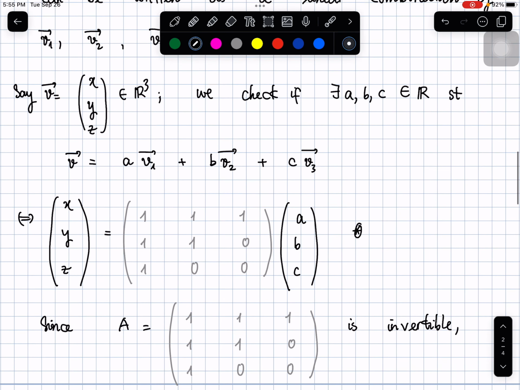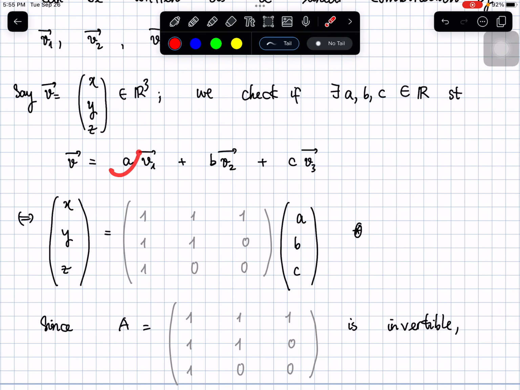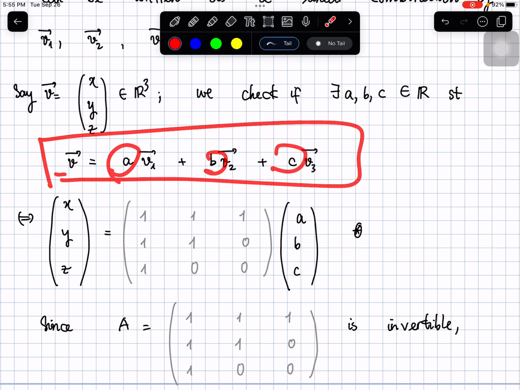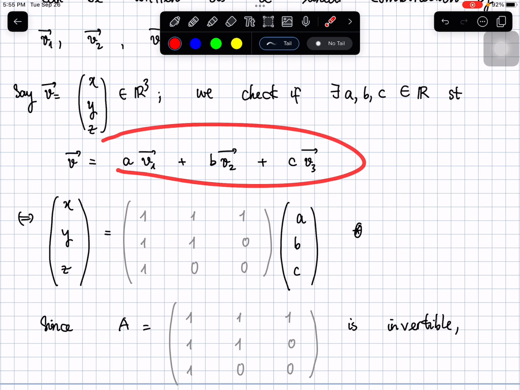And therefore we can always find A, B, C to have this equality, right? So V can always be expressed as a linear combination of the three vectors V1, V2, V3.